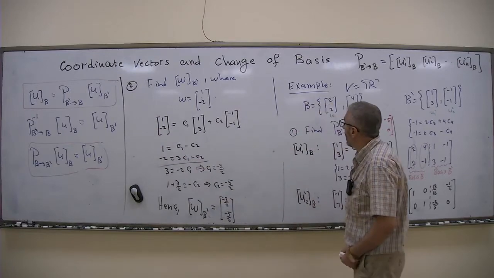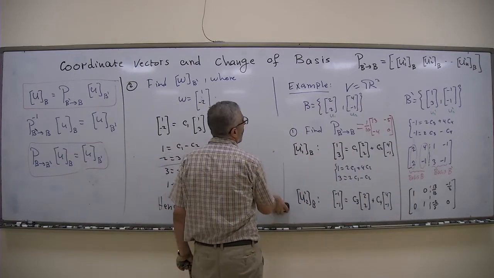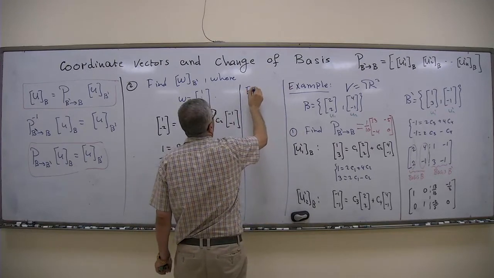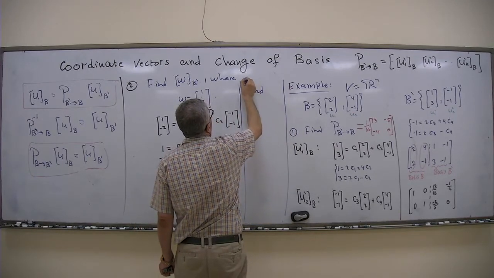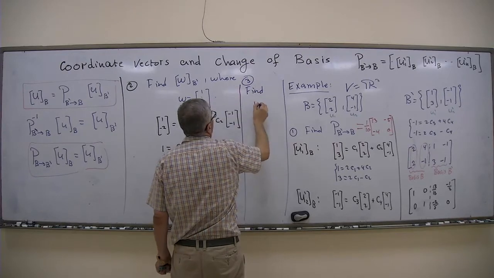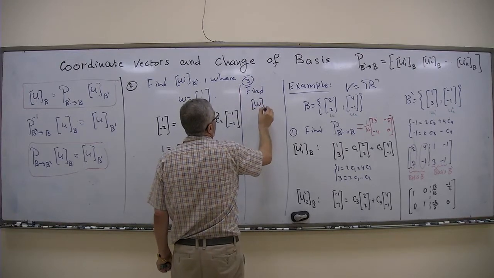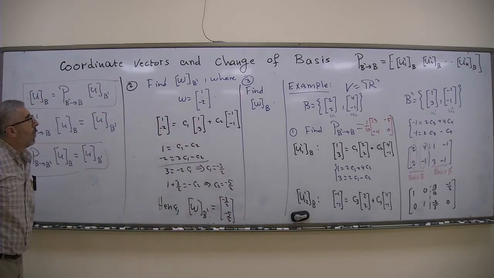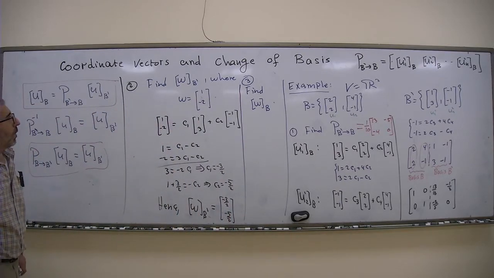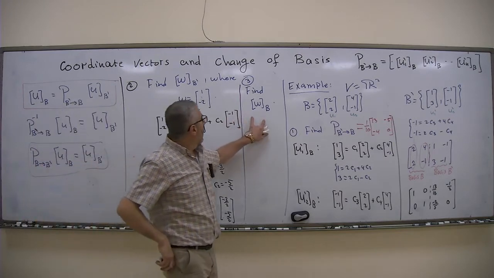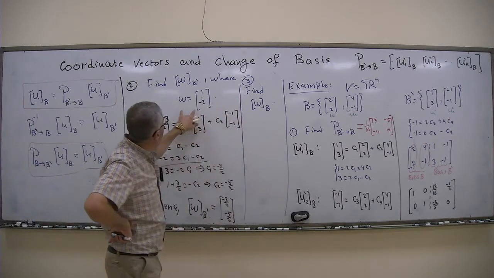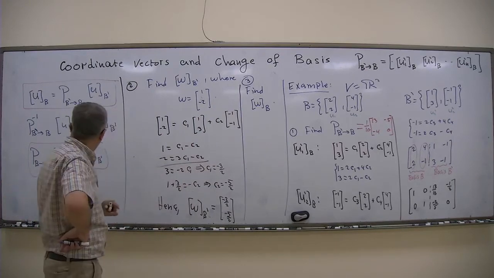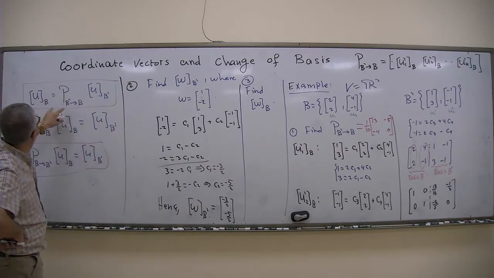Question number 3. Find W with respect to B, the coordinate vector of W with respect to B. Well, here you have two options. You have one option in which you can do it as we did here, and you solve. Or the second option is you do it from this formula here.